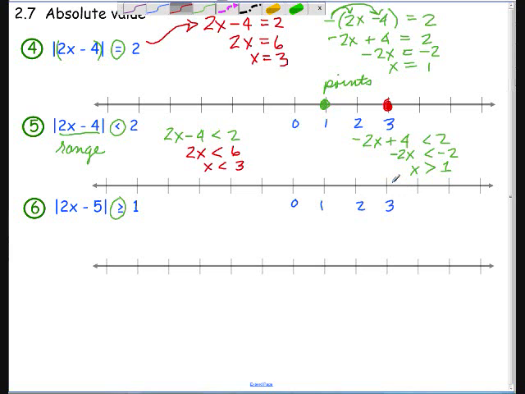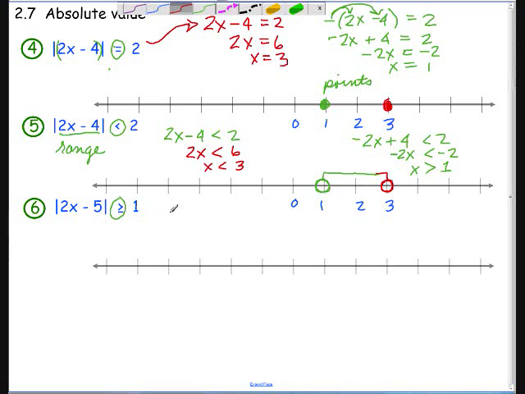So I have this point here, which is open, because it doesn't include the 3, and less than. I also have this point, 1, and greater than. So there's my solution right there. It's a range.